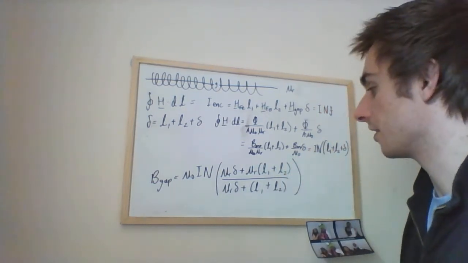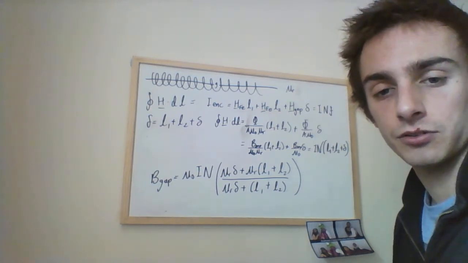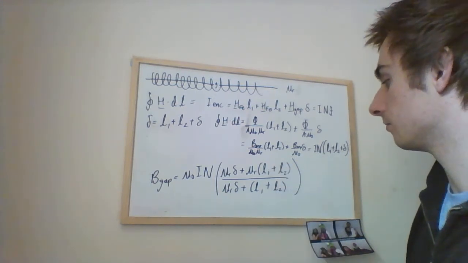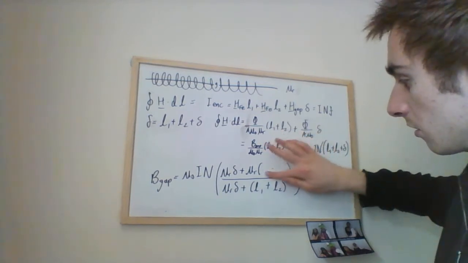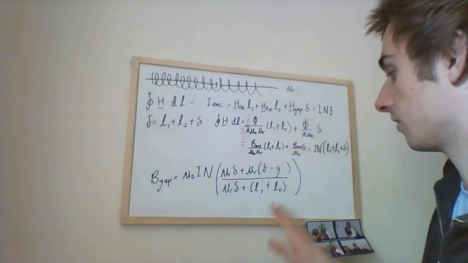That's the way I like to write it, but it might be more useful to write these L1 plus L2 as the full length minus the length of the gap.